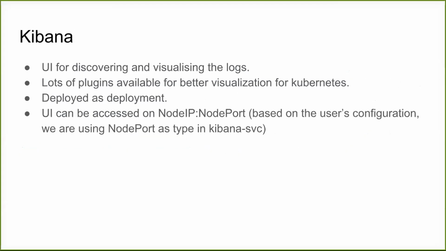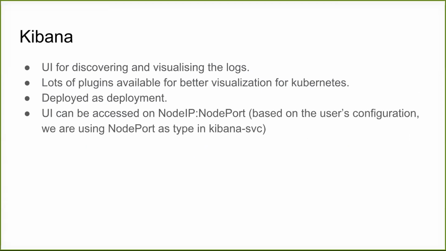Kibana is a simple UI for discovering and visualizing the logs. It also has a lot of plugins available for better visualization for Kubernetes, and it provides metrics visualization, and visualization based on location, based on maps, so you can see where the requests are coming from globally.